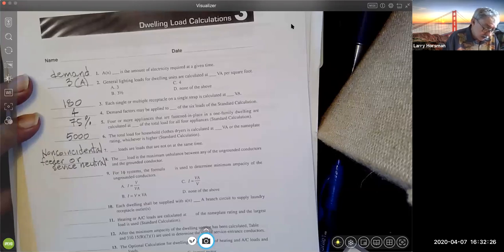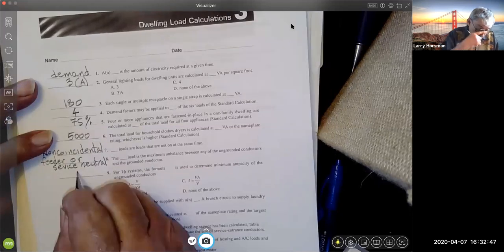Number 9. For single phase systems, the formula C, which says I equals VA over V, is used to determine minimum ampacity of the ungrounded conductors.